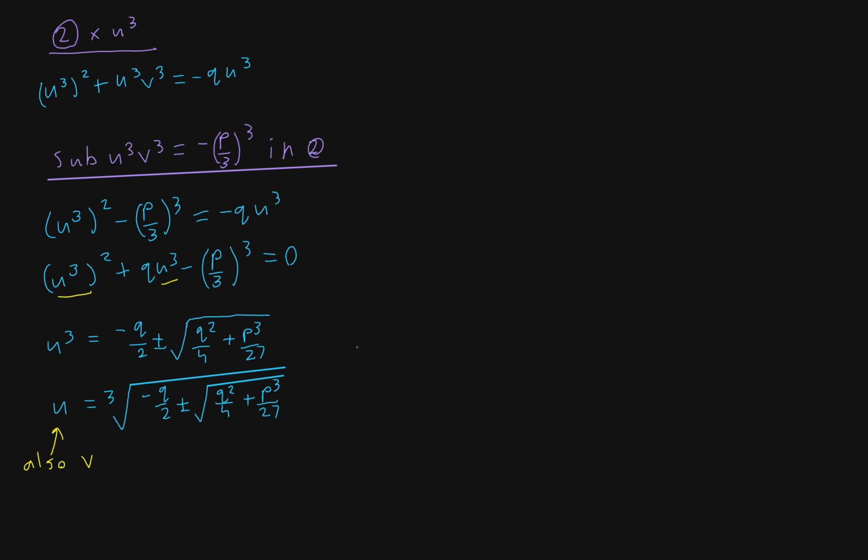So now we have y is equal to u plus v, right? And so there's three combinations that we can have, okay? So we have case one. The plus minus in here, both of them are going to be plus.